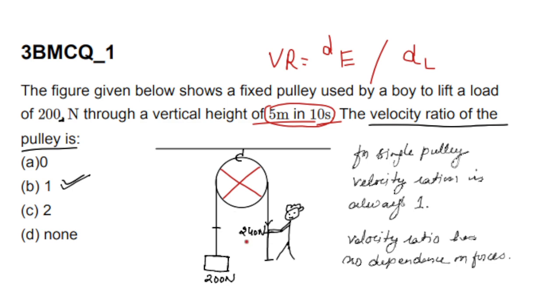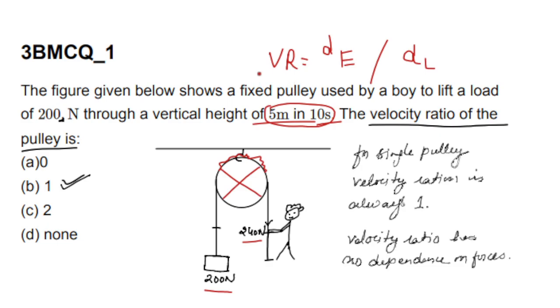Now you'll be thinking, here 240 Newton we are applying and only 200 Newton load is picked up. Will that affect? Force does not affect our design. He may be applying more force because there is friction here to overcome, and that is considered in mechanical advantage, where we talk about the forces, how much force we are putting and how much load we are able to lift.